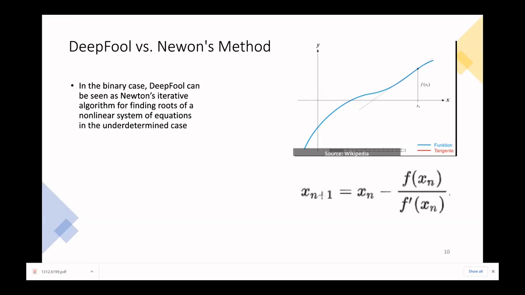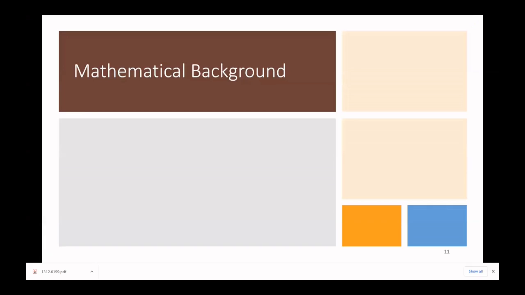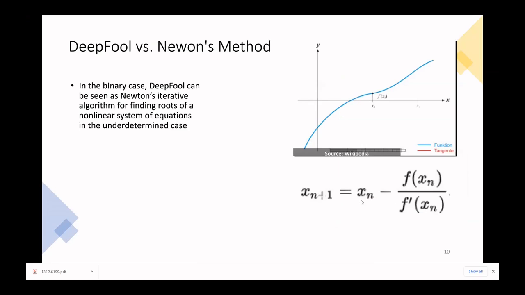It's also worth mentioning that DeepFool for binary classification is equivalent to Newton's method for finding roots of a function. Newton's method also iteratively linearizes the function and finds a better estimation. This formula is the same as what we use in DeepFool for binary classification.